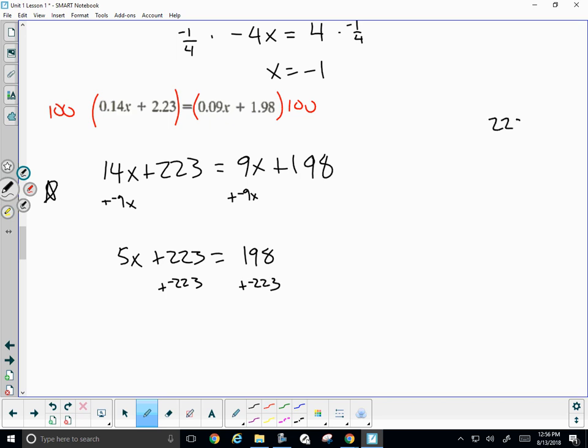So 223 minus 198. This turns into 21. This is 13. This is 5. This is 25. So I get 5x is equal to 25. Divide both sides by 5. Multiply both sides by 1/5. Same thing. X is 5.